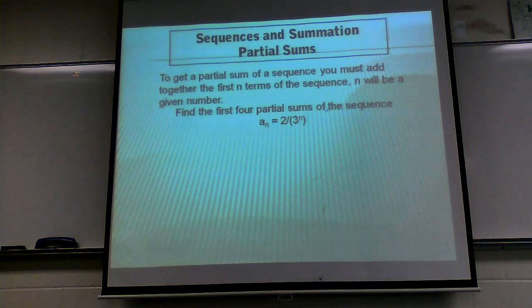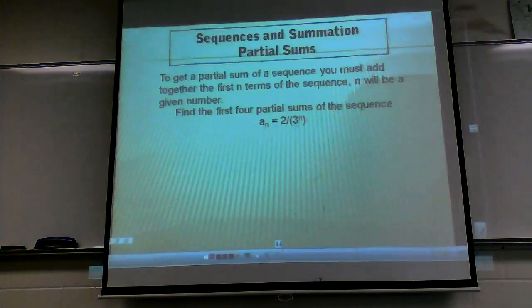But we'll just stick with this one. So this term, guys, is 2 over 3 to the n. If I said the first 4 partial sums, the way this will be listed in the book is S of 1, 2, S of 3, and then 4.